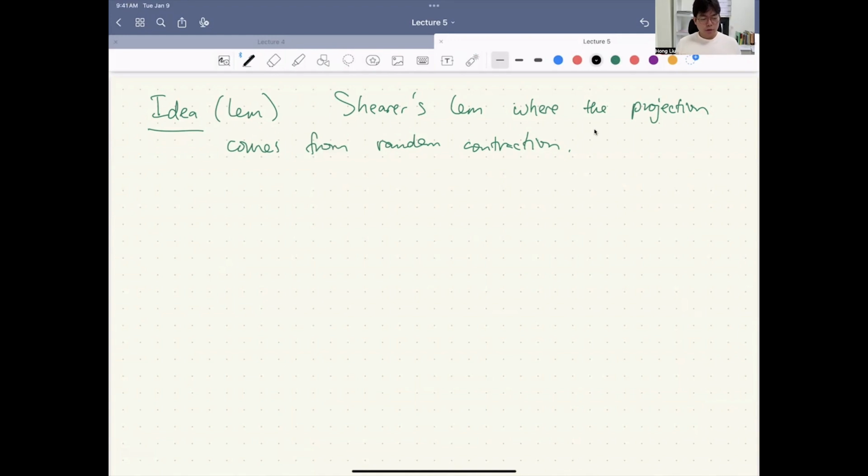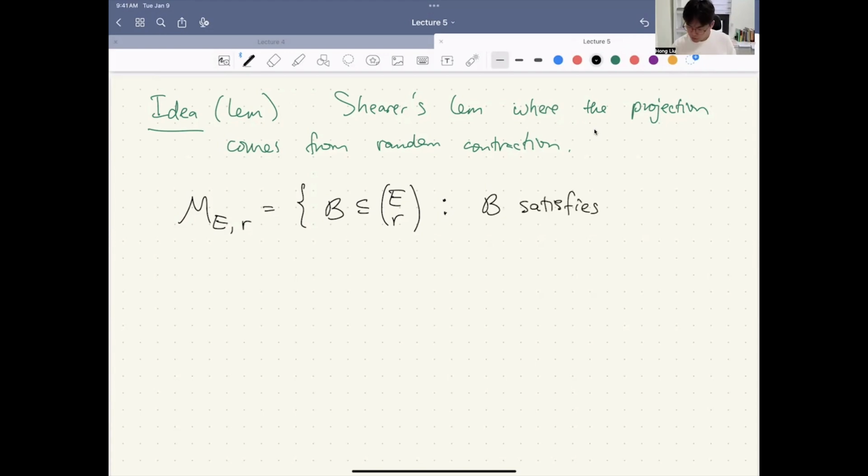First of all, let's make use of this notation, M(E, R). This is all possible choices of B, which is a subset of the ground set choose R: all possible collections of R-subsets of E which satisfy the base exchange axiom.